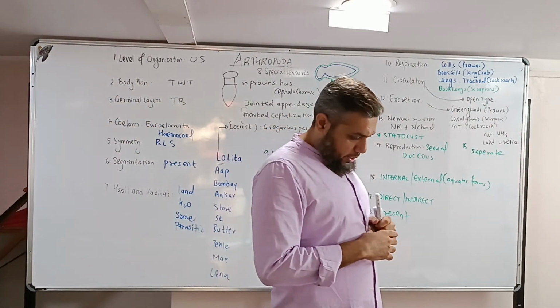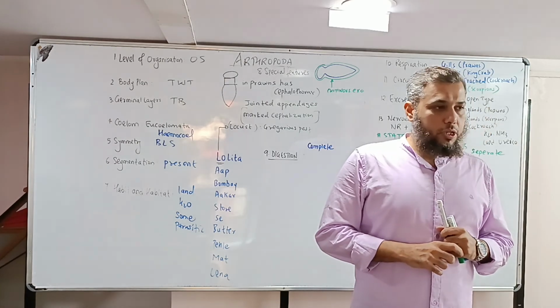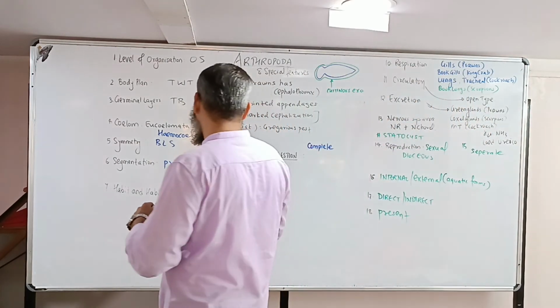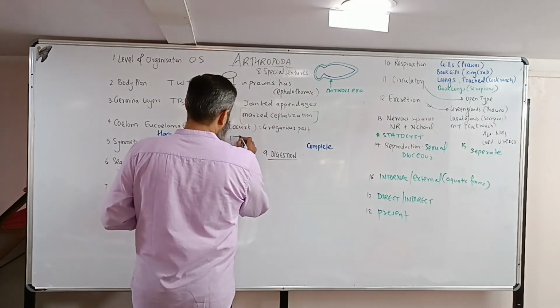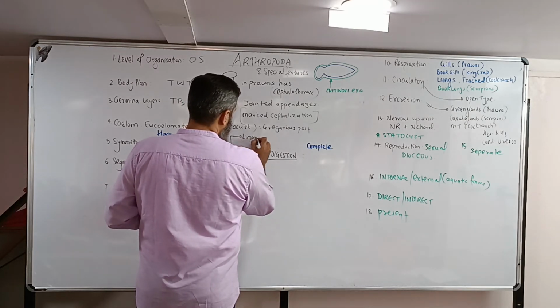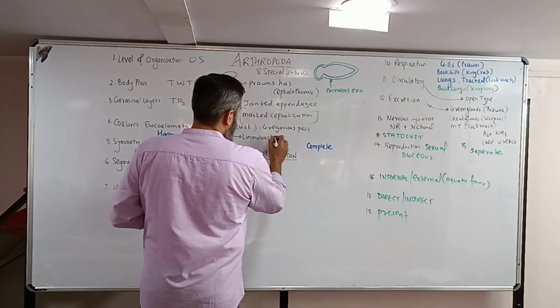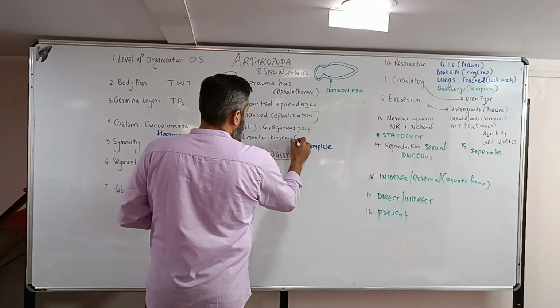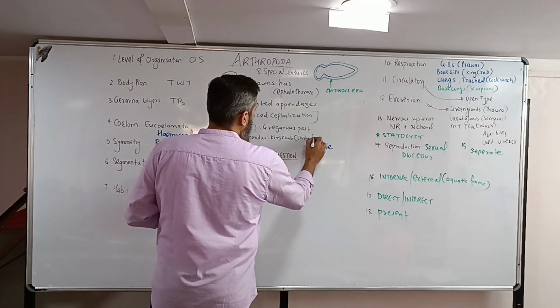See, Limulus. Do you see the example? Yes. Limulus is the king crab. And what else is written? Living fossil. Who will tell me what is a living fossil?